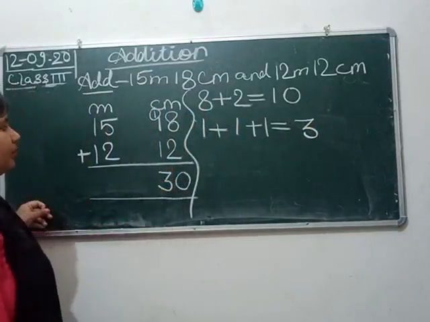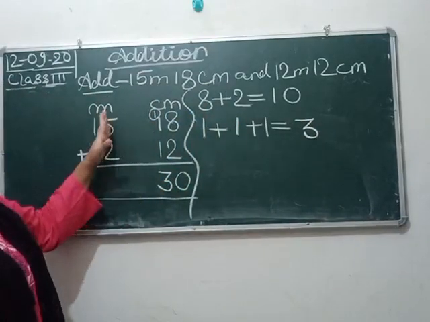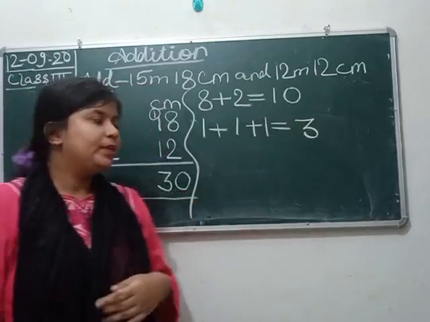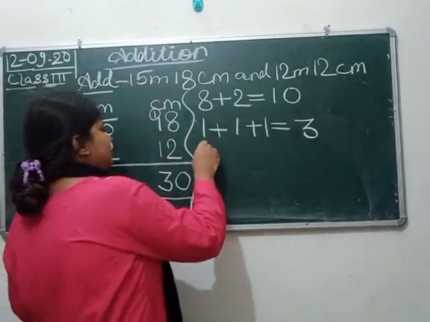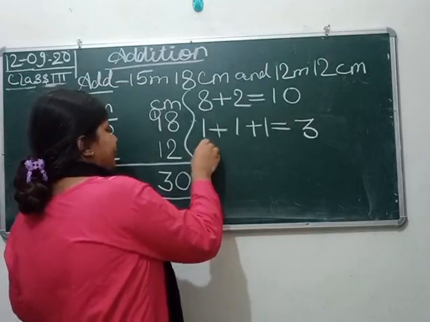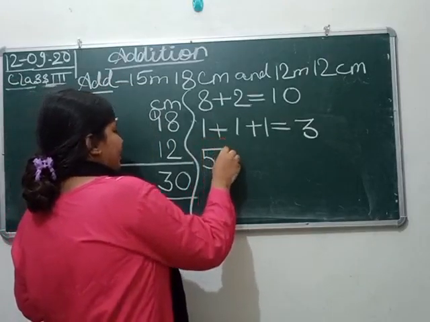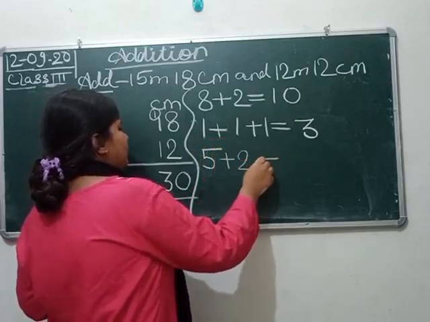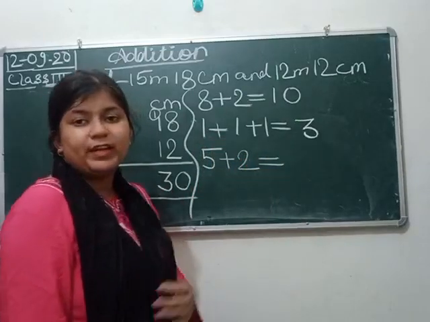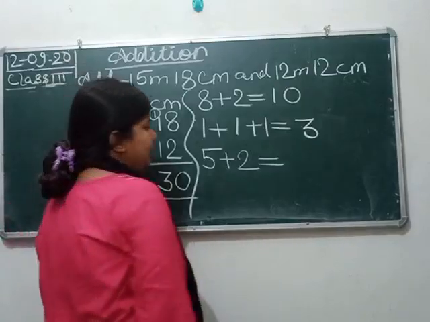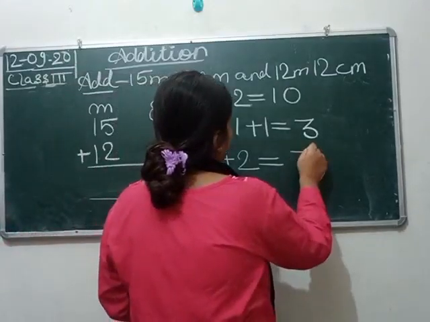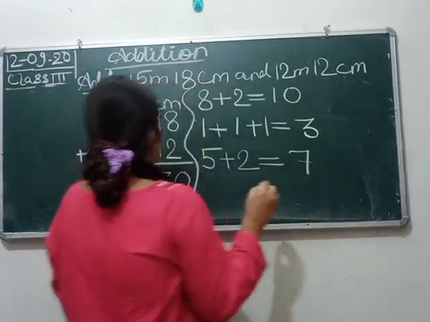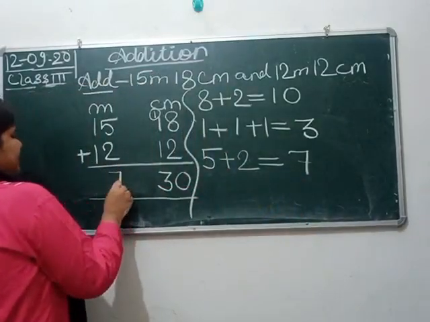So our answer is 3. Now moving toward this side, here I have 5 plus 2, which gives 7. So my answer here is 7.